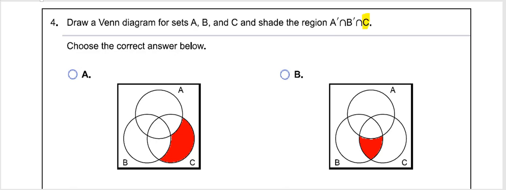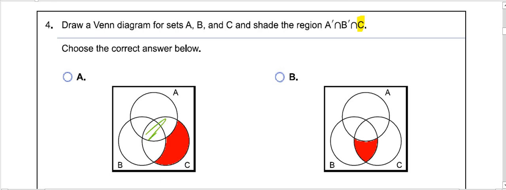Where's C? Well, C is right here. Let's do it this way. It has to be in C, so it has to be there. Let's do two of them at a time and see which one it might be.